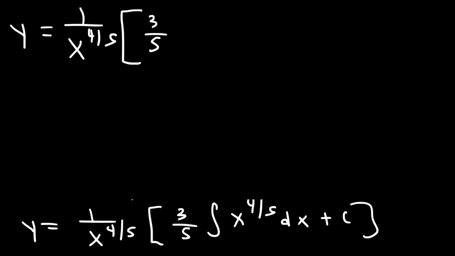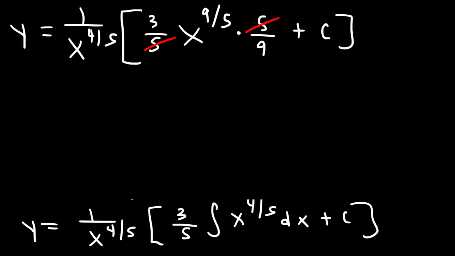So we're going to have to add 1 to 4 over 5. 4 over 5 plus 1 is the same as 4 over 5 plus 5 over 5, which is going to be 9 over 5. And then you need to divide by 9 over 5, or multiply by the reciprocal, which is 5 over 9. So we can cancel a 5, and then 3 over 9 reduces to 1/3.